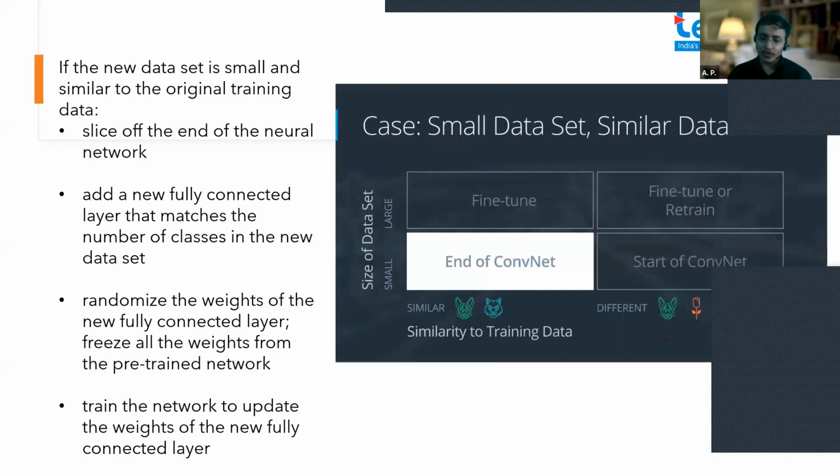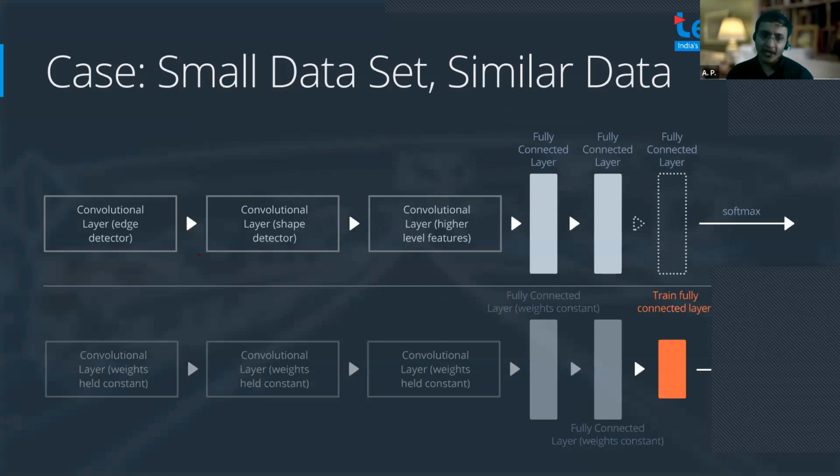Right, so what do you do in the first situation? Let's talk about the first situation where you have a small data set for your problem, and you have a similar pre-trained neural network. In that situation, can we say all the layers of feature detection are useful? Feature detection is completely useful because you have a similar neural network. What you do is just clip out or remove the last layer of the neural network. It may be possible that this neural network was designed for, let's say, a 5-class classification problem, but I want to do a 3-class classification problem.